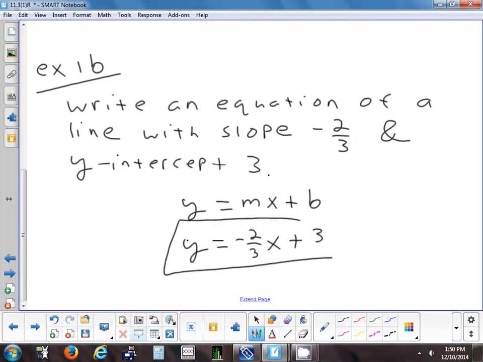Hey guys, some people are forgetting one thing. A lot of you guys are forgetting to put the X. Remember, when we're giving you the slope and asking you to write the equation, you need to put in the X. If we give you the equation and we ask you for the slope, you don't need to put the X. Let me say that again so people understand.